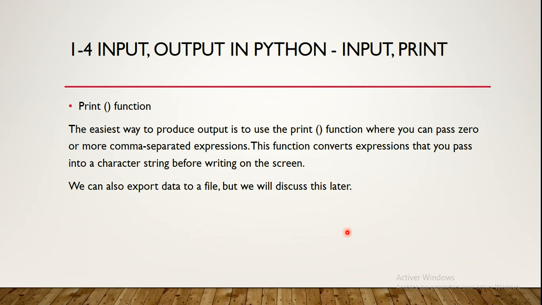The easiest way to produce output is to use the print function, where you can pass zero or more comma-separated expressions. This function converts the expression that you pass into a character string before writing it on the screen. We can also export data to a file, but we will discuss this later.